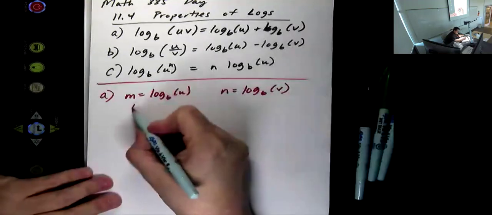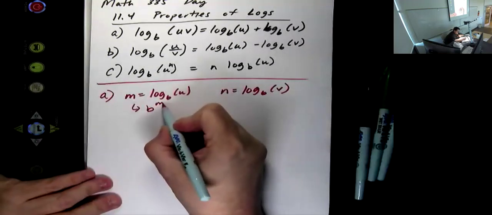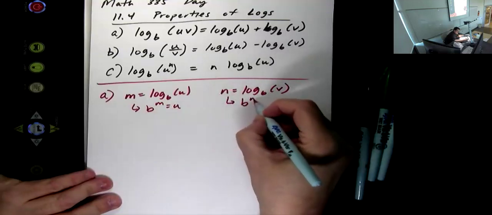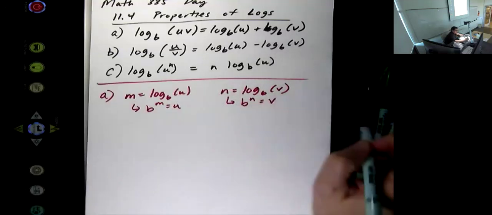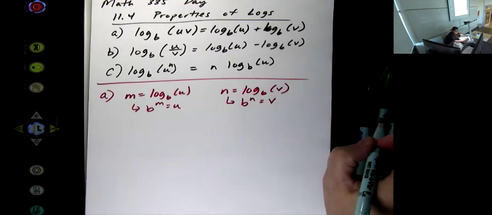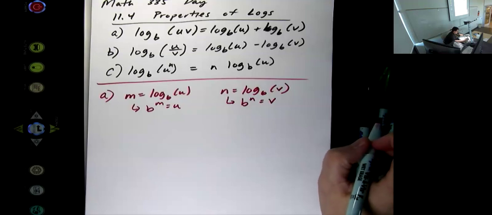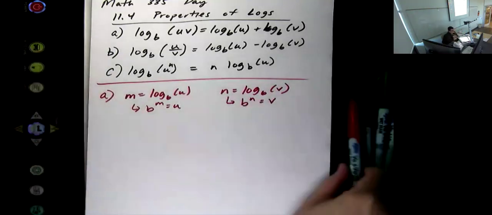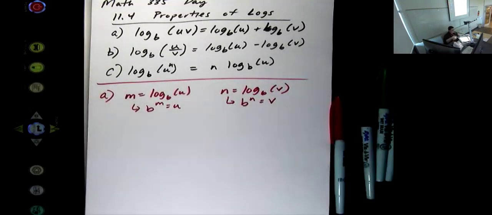This means that b to the m equals u, and b to the n equals v. Those are the switching between logs and exponents that we had before. Those are some things I'm going to use.